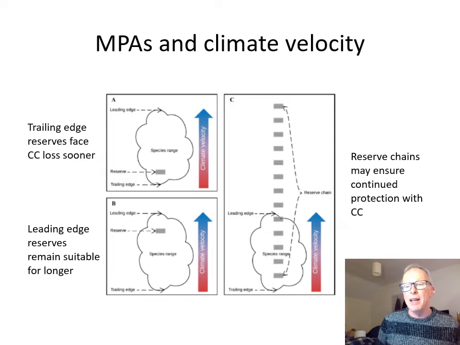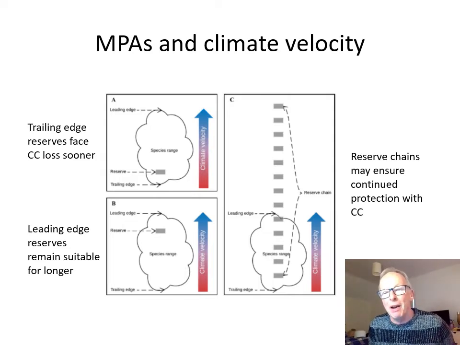Here's a graphic from that paper I was talking to you about earlier, just to show graphically some of those points about where best to put your marine protected areas.